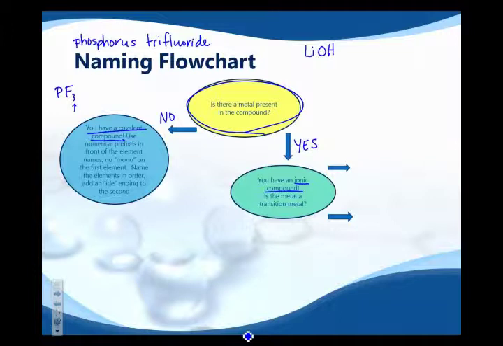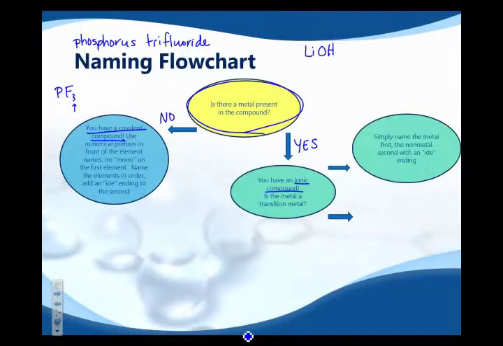It's present in the first two columns of the periodic table, which are fixed charge metals. Since that's the case, the answer to our question was no, there was no transition metal. Then we would simply name the metal first, lithium, and then we would name the anion. In this case, I have a polyatomic ion, so I just name the polyatomic ion.